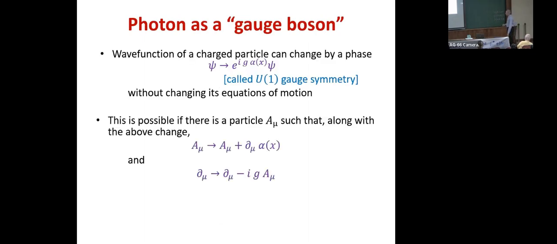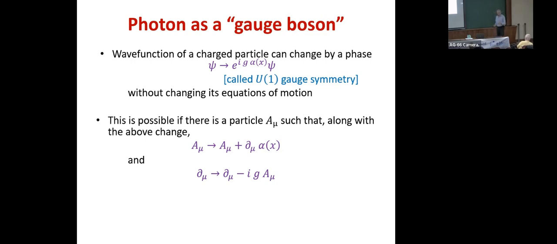So what we do is, in addition to whatever we had earlier, we introduce a field A mu, which also transforms under this. If psi changes to this, A mu changes to this: A mu plus del mu of the same function, alpha of x.